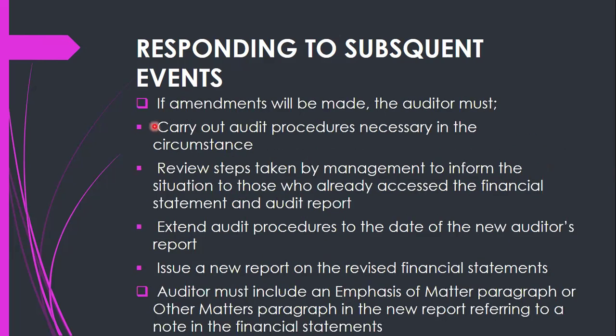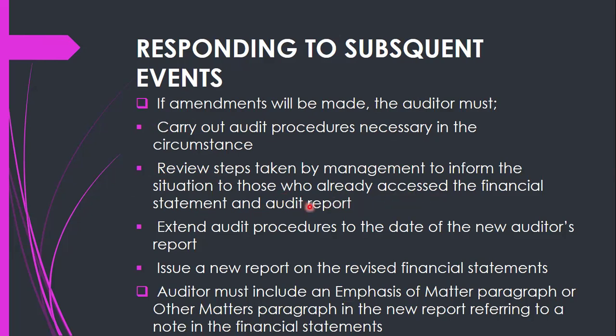So if management is going to make amendments to the financial statements, the auditor needs to carry out audit procedures necessary in the circumstance. After carrying out those procedures, the auditor needs to review the steps taken by management to inform those who had already accessed the financial statements.